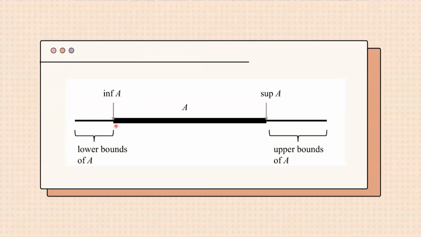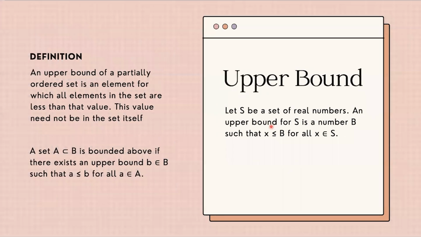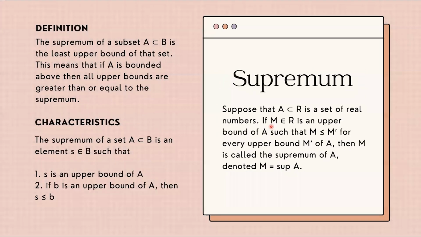Now, the greatest of the lower bounds is what we call the infimum of your A. Now, the upper bounds are here, no? This is the upper bounds of your set. Now, the supremum of your set is the least upper bound of that set. So I hope lower bounds, upper bounds, infimum, and supremum are all clear for everyone.